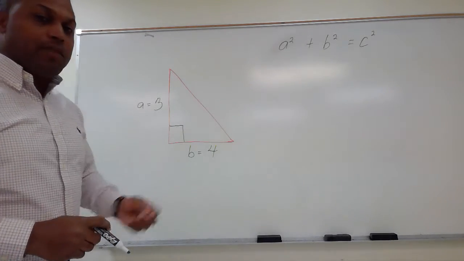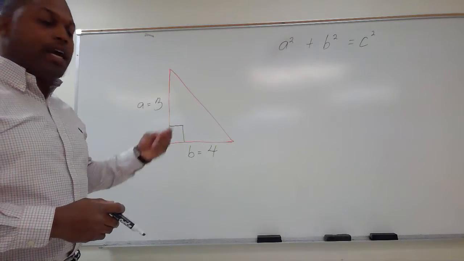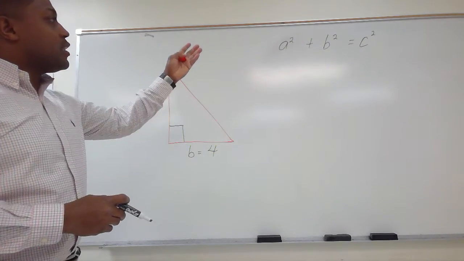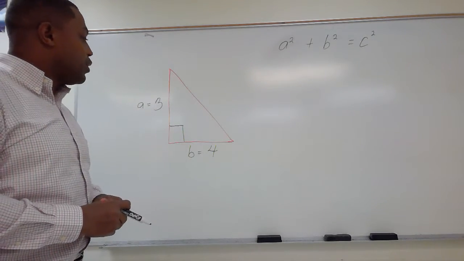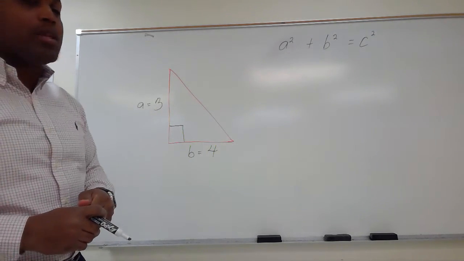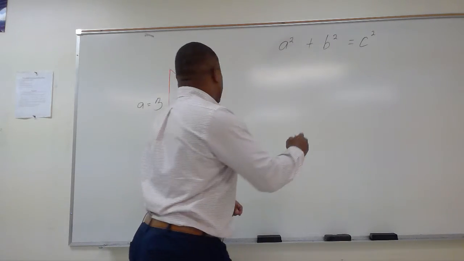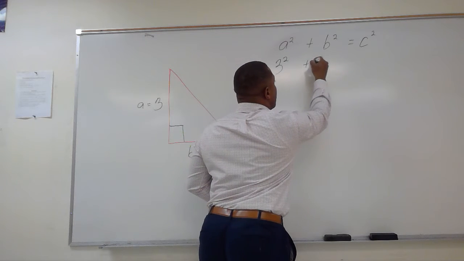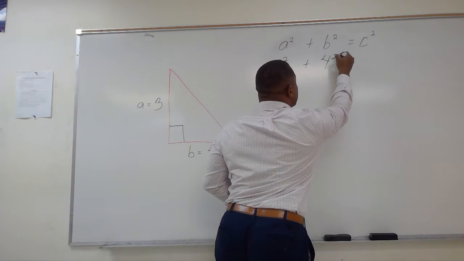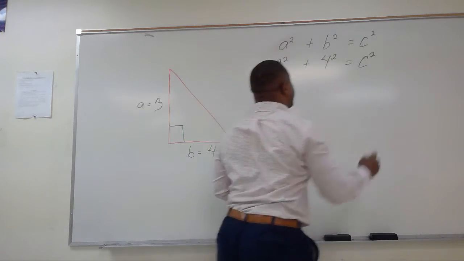If we have that information, what we're going to simply do is take the number associated with A, substitute it for A in the formula, take the number associated with B, substitute it for B in the formula, and work through the equation. Okay, so that would be 3 squared plus 4 squared equals c squared.